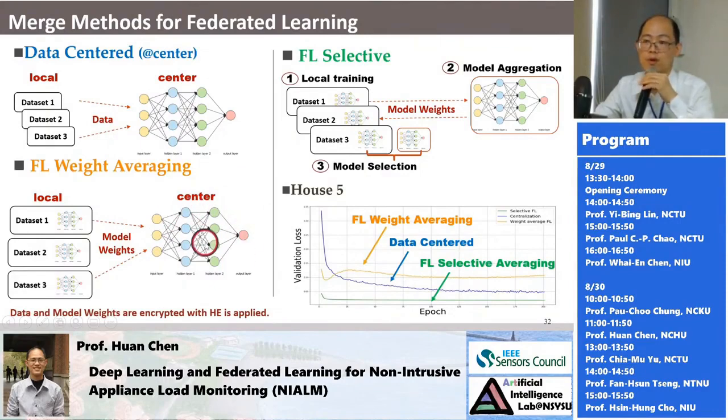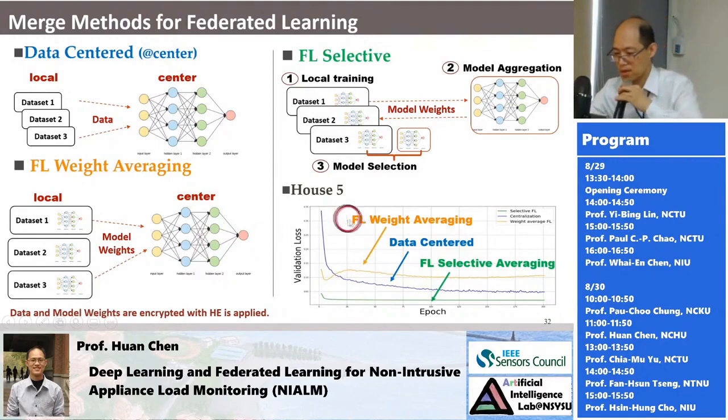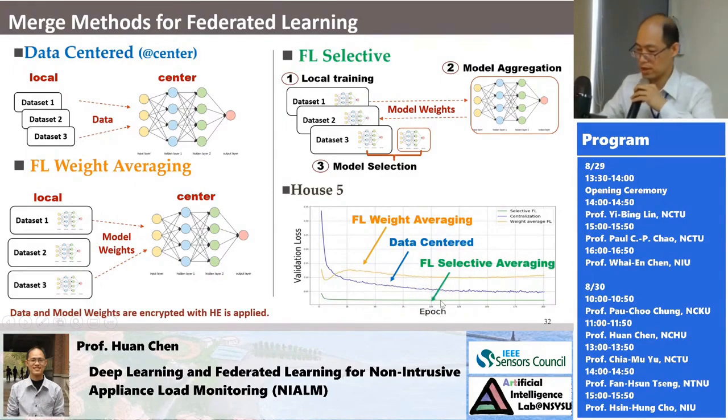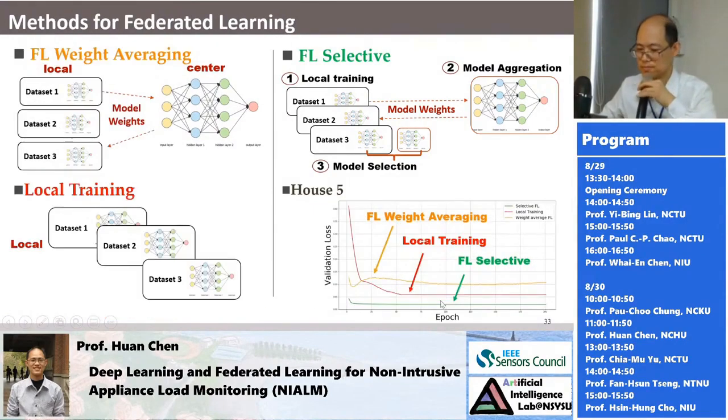The simplest one is to merge them by averaging. Another good thing is that, when they are done, we compare their local model with the global one to see which is better. So we will have a better result. As you can see, this federated learning selective averaging has the best result.